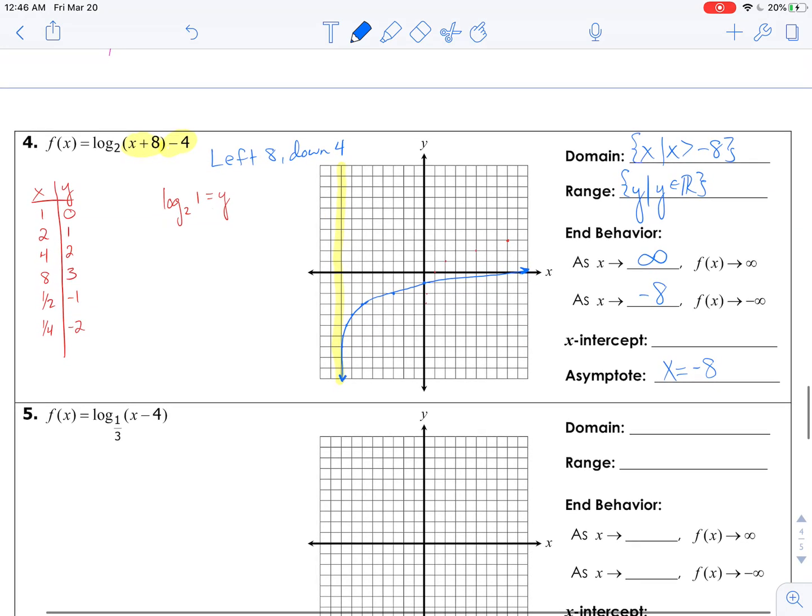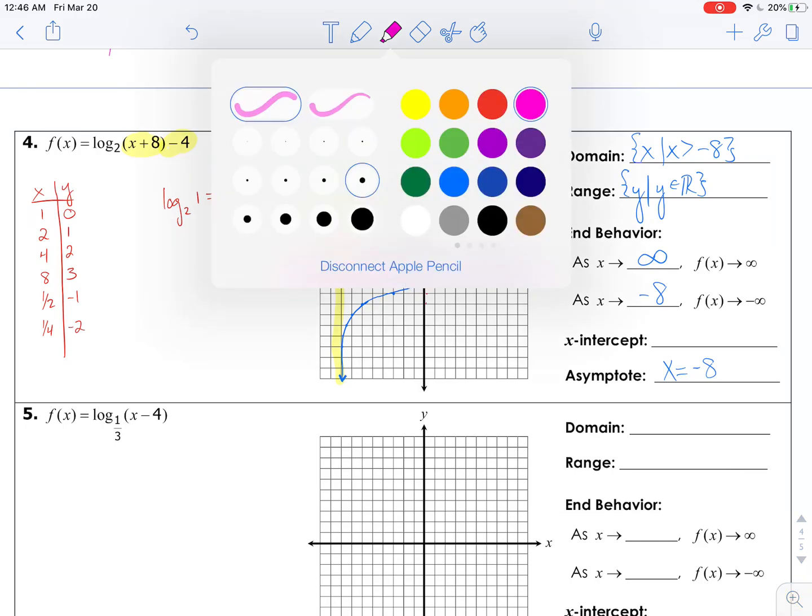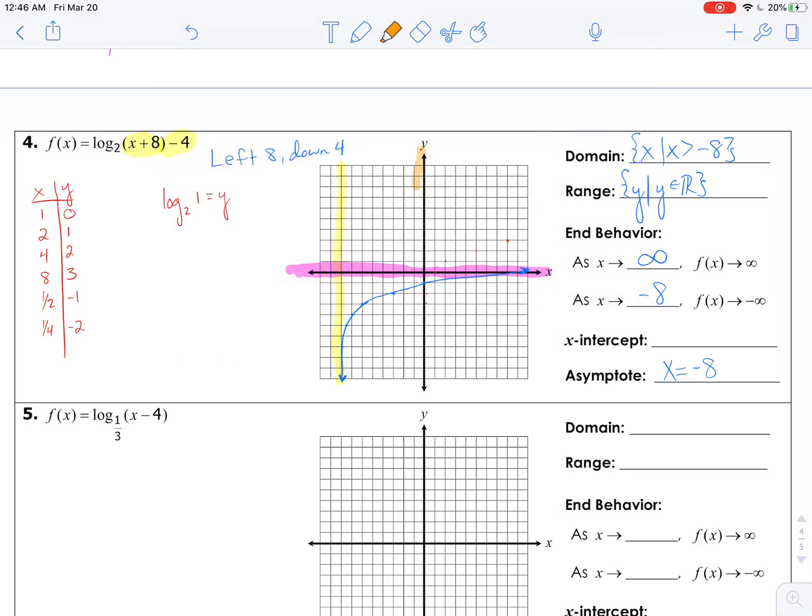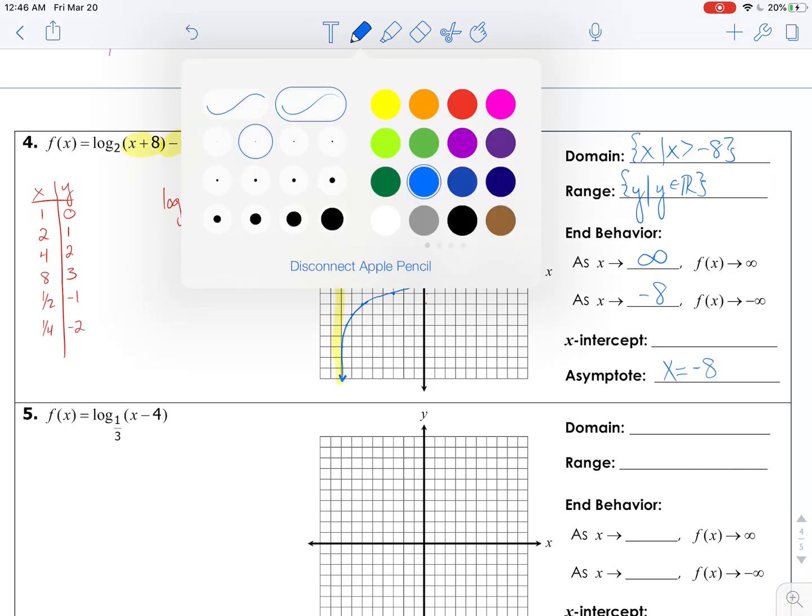And the x-intercept, like we saw yesterday, this is one where it's a little bit trickier. So you're looking for when is it crossing the x-axis? When is my y value 0?